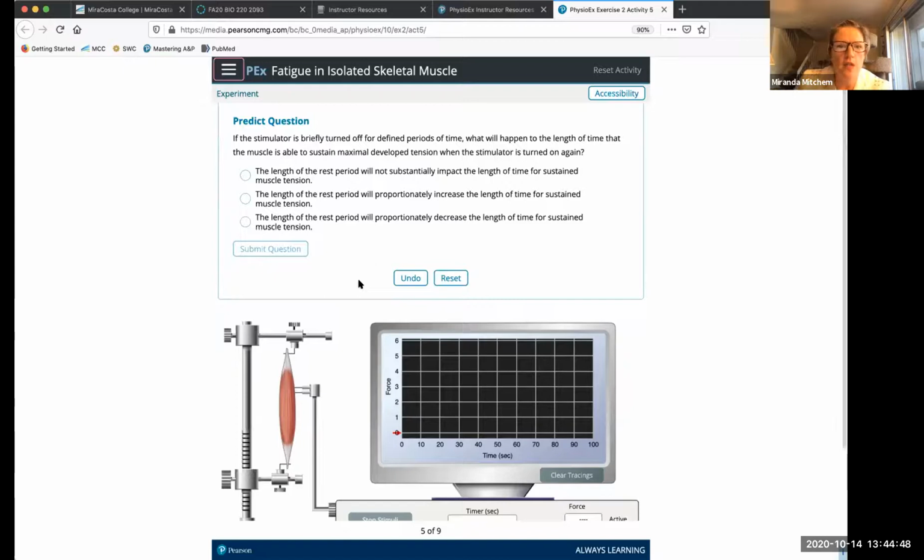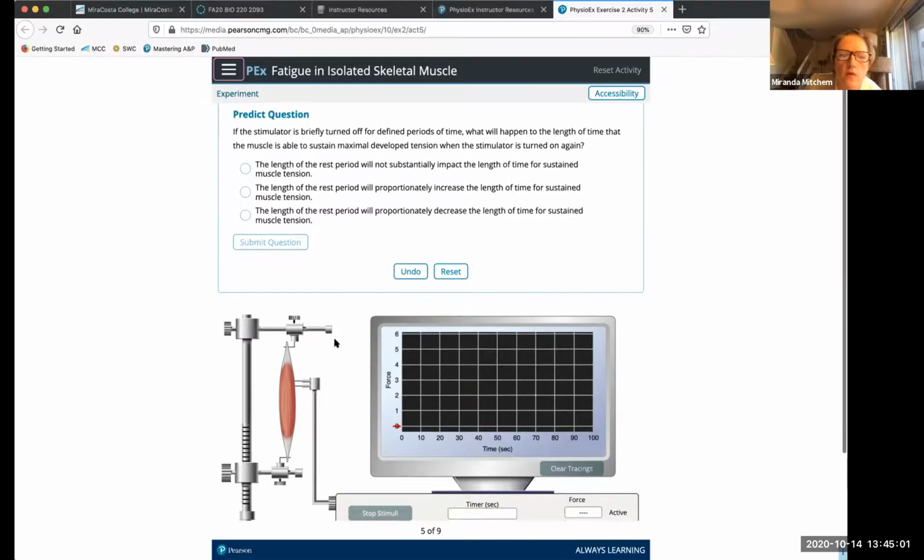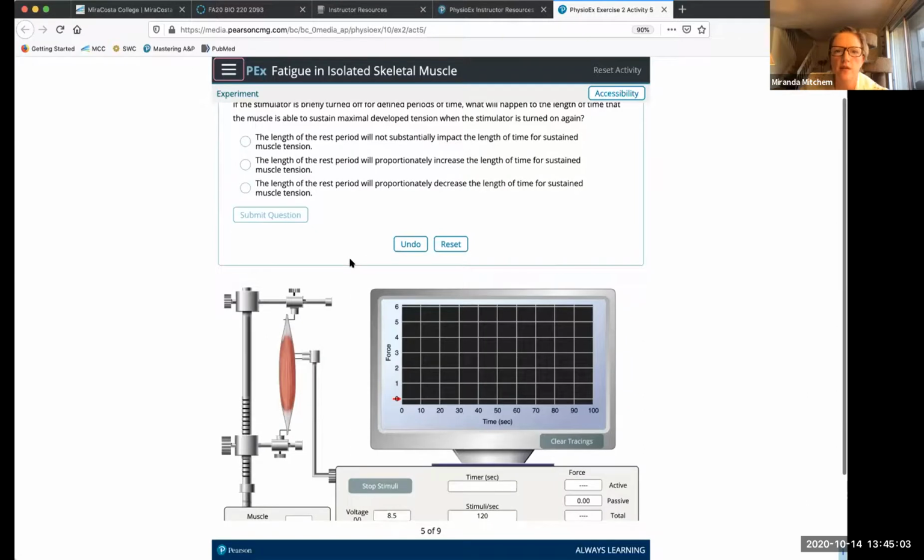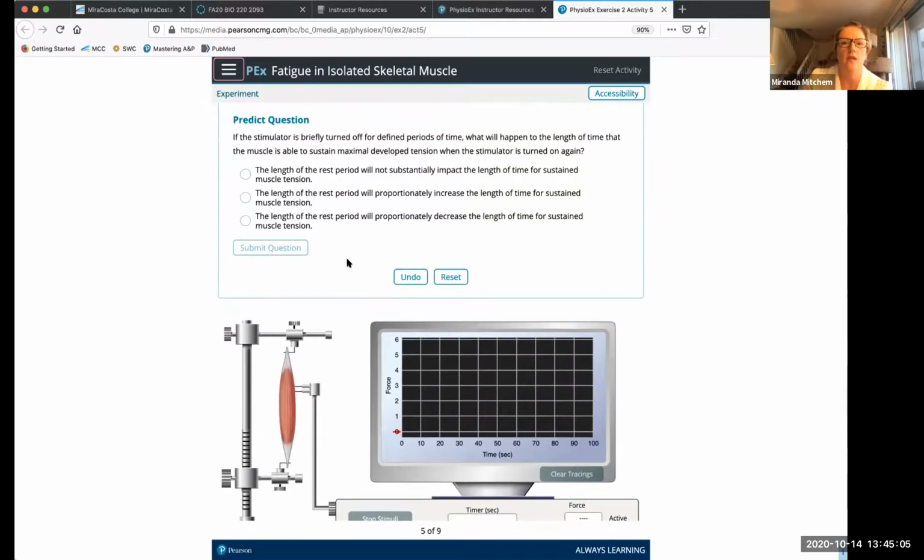Anyway, if the stimulator is briefly turned off for defined periods of time, what will happen to the length of time that the muscle is able to sustain maximum developed tension while the stimulator is turned on? So we're pausing the frequency, and it's asking us what will happen to the length of time of sustaining the tension. Well, if it's paused, that could provide the opportunity to come out of tension, right?